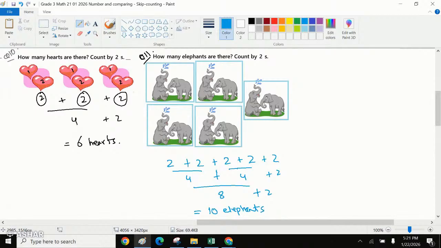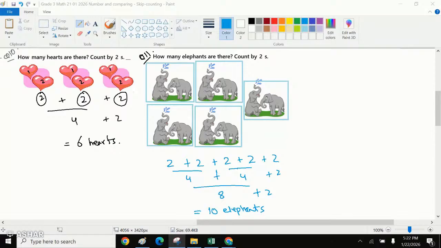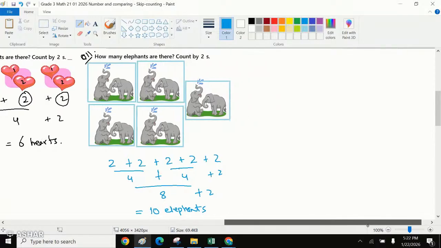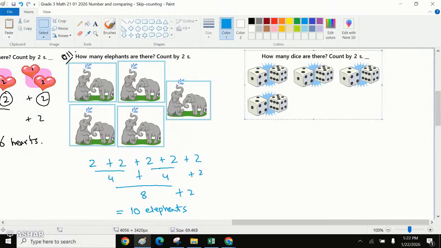Okay. For the next question, we need to find the number of dices. Okay, let's suppose if the given dice are these, we need to find the number of dices there are by the count of twos, right?